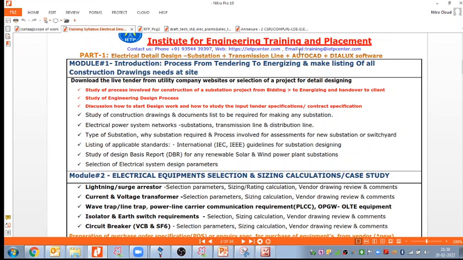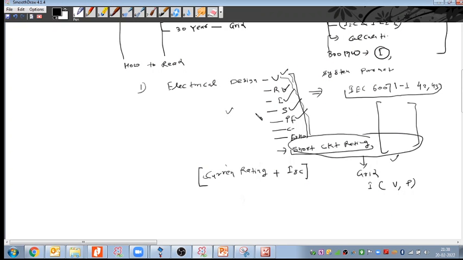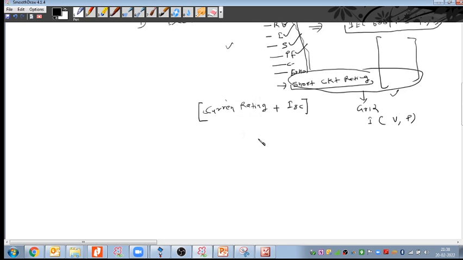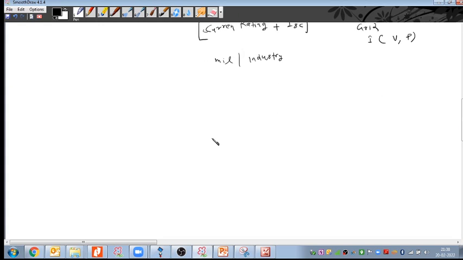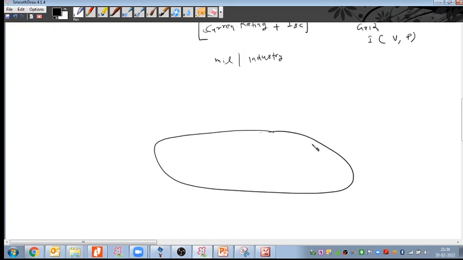So this is one approach, one understanding, when we work for any grid substations. Now let me come to when we work for any industry, any mill, any kind of industry. In any industrial setup, they can generate the power, or they will take the power from the state electricity board and feed it to the transformer.